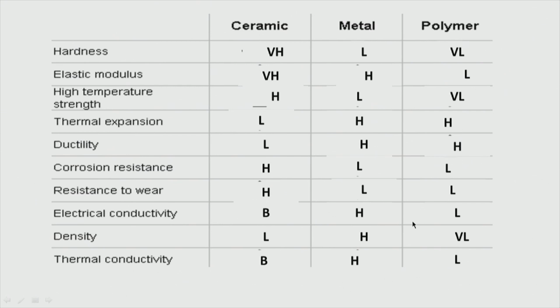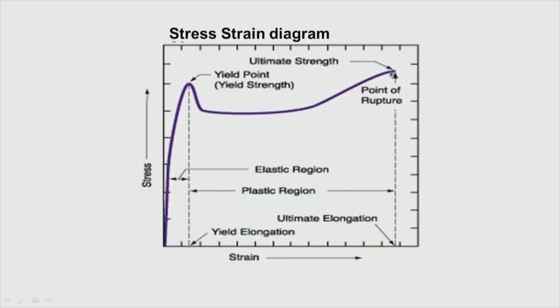When you go to the mechanical properties, you remember this graph. For metals, especially when you draw a stress-strain graph, we have the elastic region where the stress and strain are related in a linear fashion.